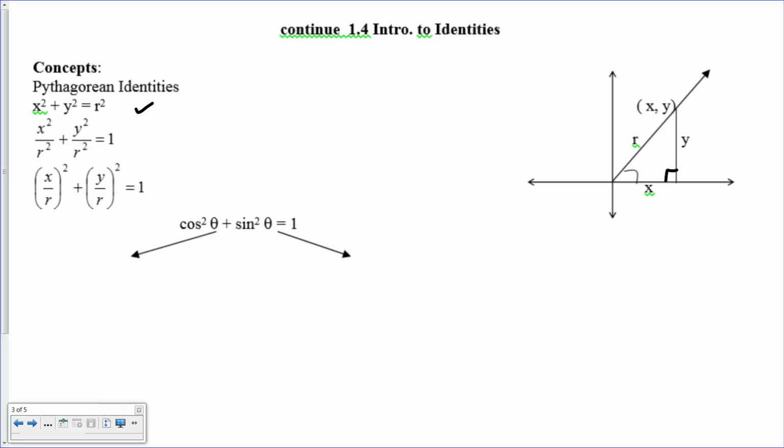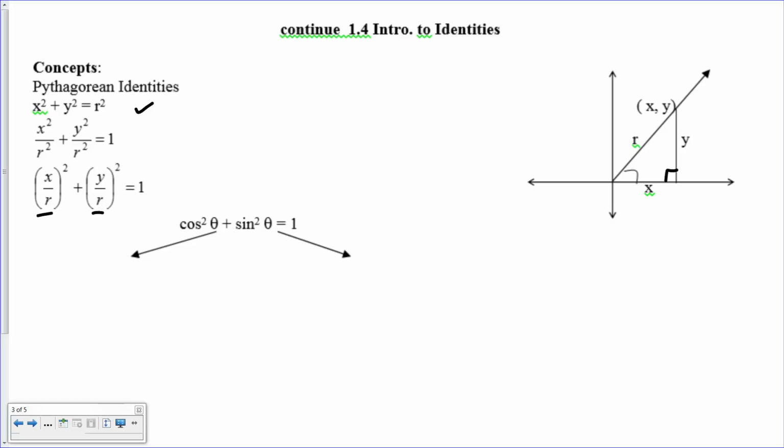And all you're doing here is dividing both sides by r squared and then breaking this out as an exponent property. And you're seeing that x over r quantity squared plus y over r quantity squared equals 1. Well, this and this should look familiar. Those are the definitions of the cosine and sine functions.